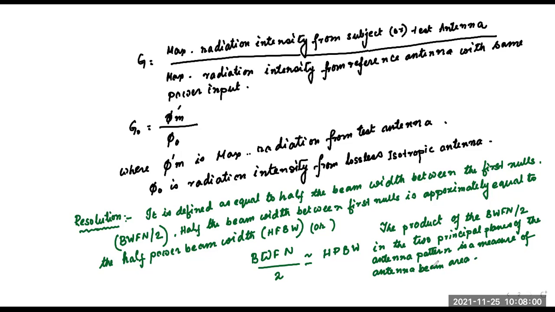Thus, sigma A can be written as BWFN by 2 times BWFN by 2.